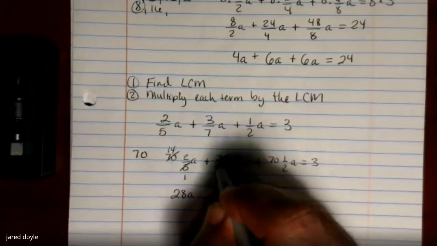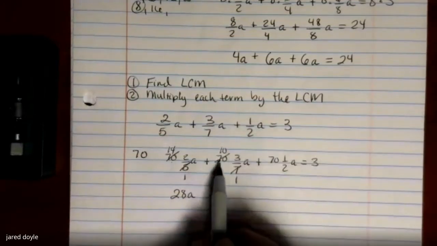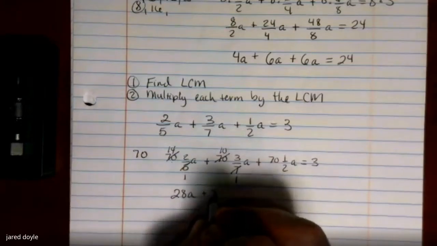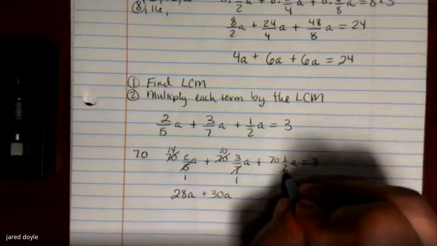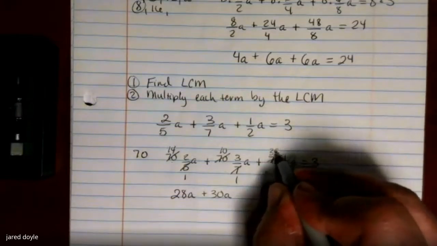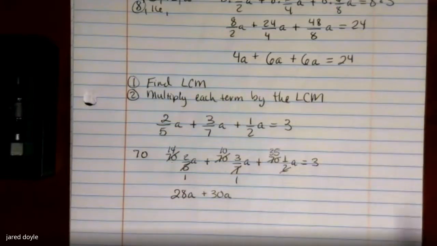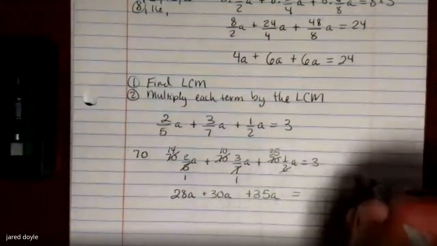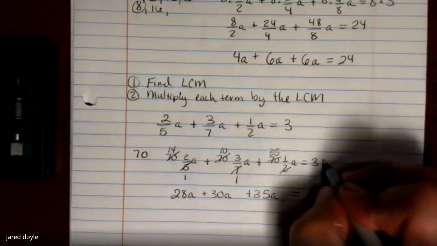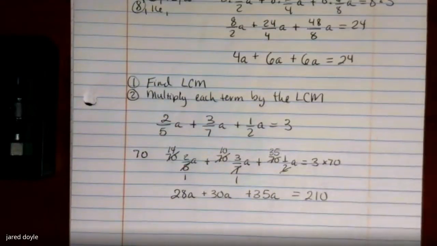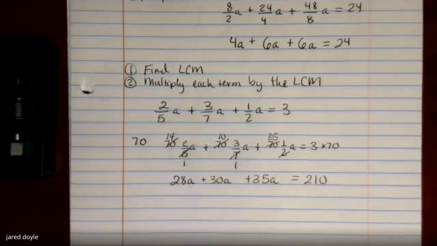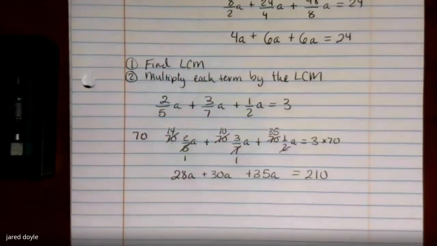So this would be 28a. 7 goes into this once, 7 goes into that 10 times. So 10 times 3 is 30. You have 30a there. And here, 2 goes into this once, 2 goes into that 35 times. Now you multiply 35 times 1 is just 35. Okay. And then over here, don't forget, this side also needs to be multiplied by that 70, so that is 210. And that's a pretty manageable equation to work with.